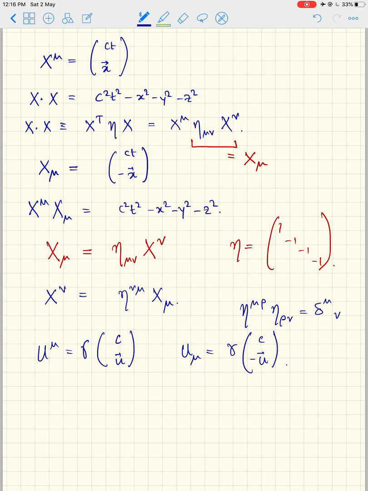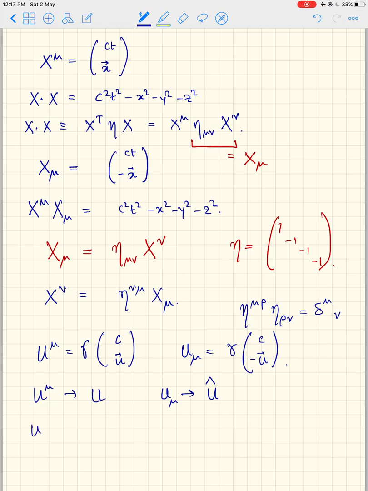And I should also say that the way these things transform under Lorentz transformations will also differ. So let's call u with an upstairs index big U, and u with the downstairs index u hat.